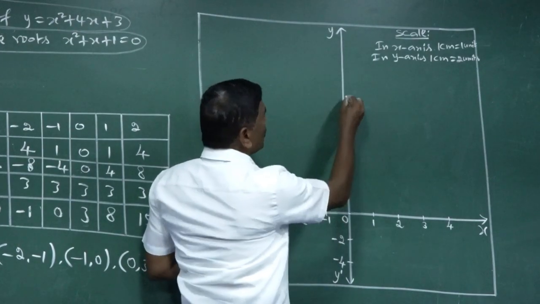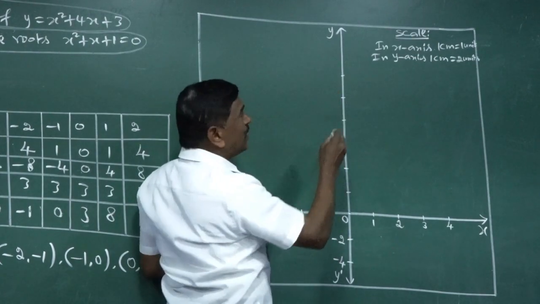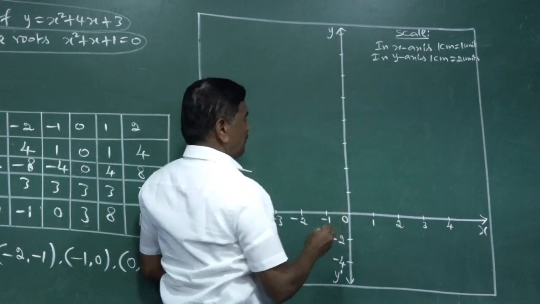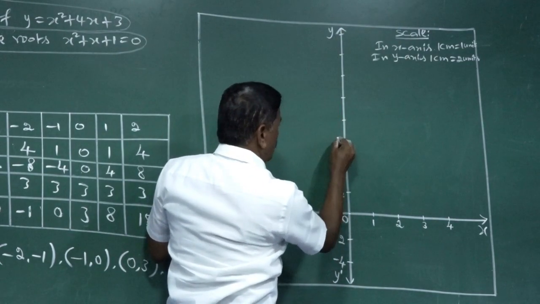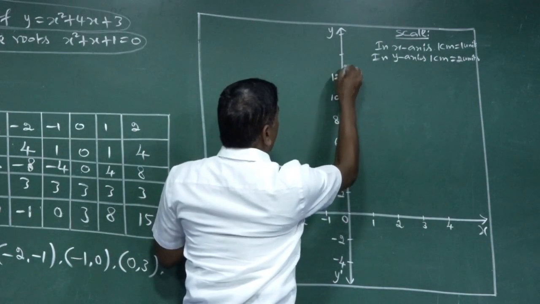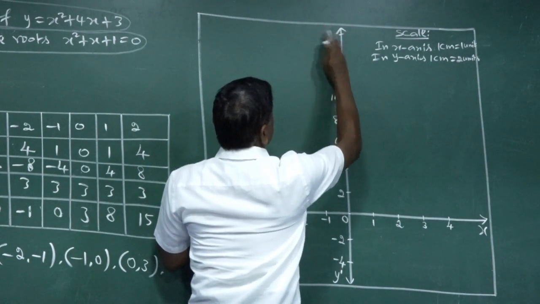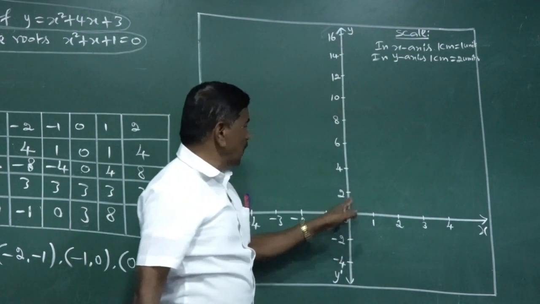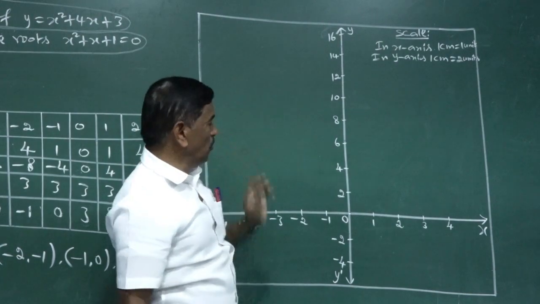Listen, 0, 2, 4, 6, 8, 10, 12, 14, 16. Suppose the y-axis may be on the right side. Okay, let it be, which is 16. 0, 2, 4, 6, 8, 10, 12, 14, 16. Okay, up to this already.